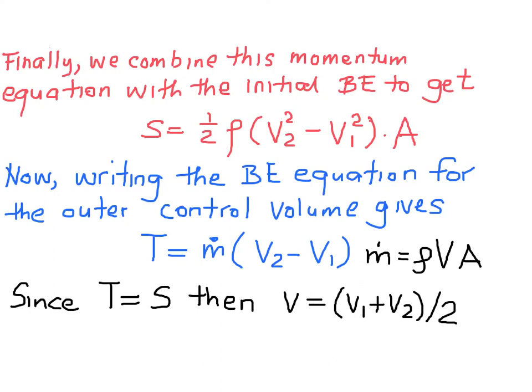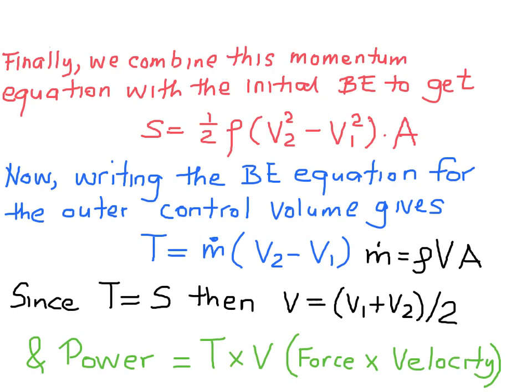I leave it as an exercise for you to evaluate V, which is equal to (V1 plus V2) over 2, which is the average of V1 and V2. Our velocity V at the propeller is the average of the initial and the final velocities.